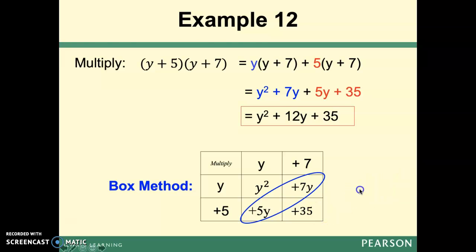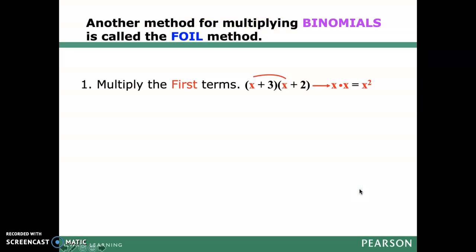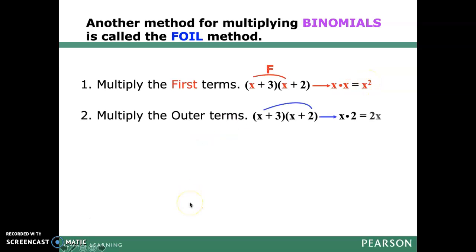Okay, let's talk about the third method. You guys probably remember doing this in high school. It's called FOIL, and it's just an acronym. The F stands for multiply the first terms together in both quantities. So I'm going to take the x times the x, and I get x squared. The O stands for multiplying the two outer terms together. The x is on the outside, the positive 2 is on the outside.